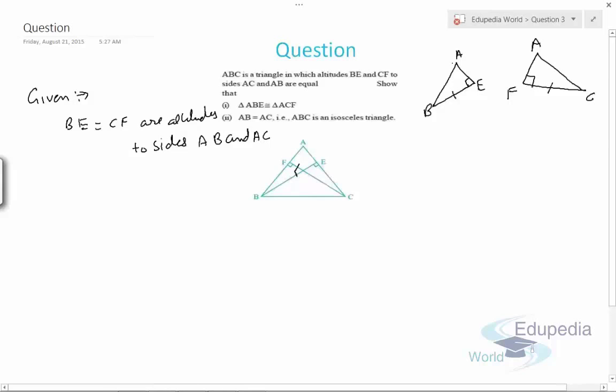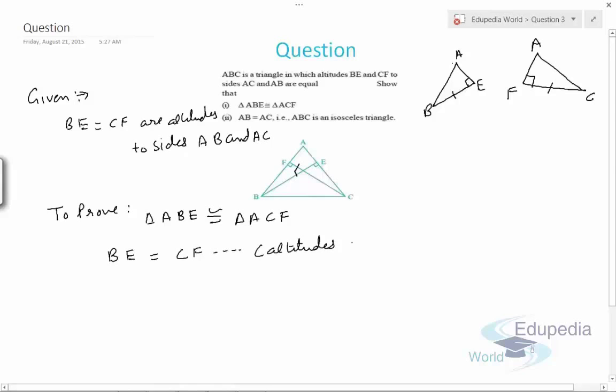Now, let's see how we can prove these two triangles are congruent. First part is to prove triangle ABE is congruent to triangle ACF. First condition: it's given that BE equals to CF. These altitudes are equal.